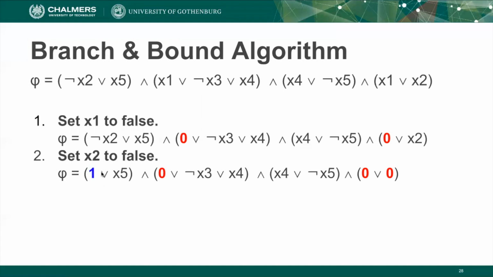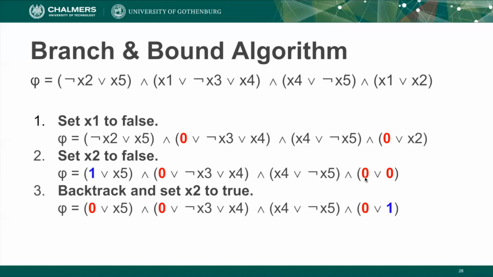And this satisfies the first clause, which is great, but it unsatisfies the fourth. False or false is false, and that's bad, right? So we stop there and we backtrack. And we're going to instead try and set that to true and see what happens. And that's actually going to satisfy the fourth clause, which is great.